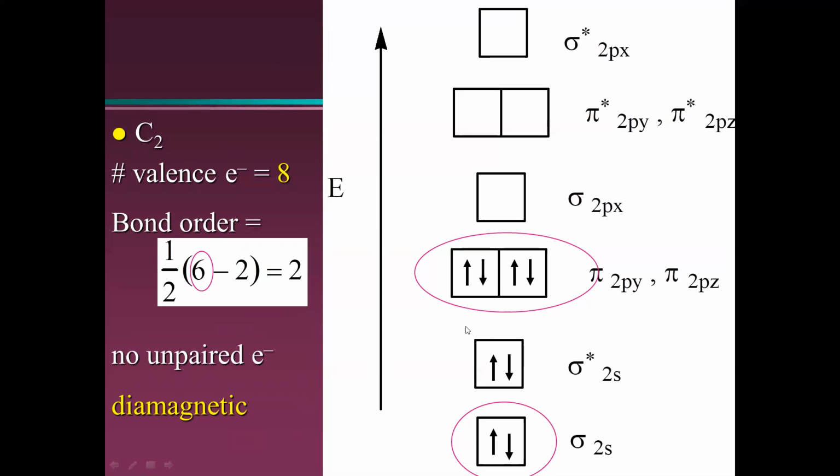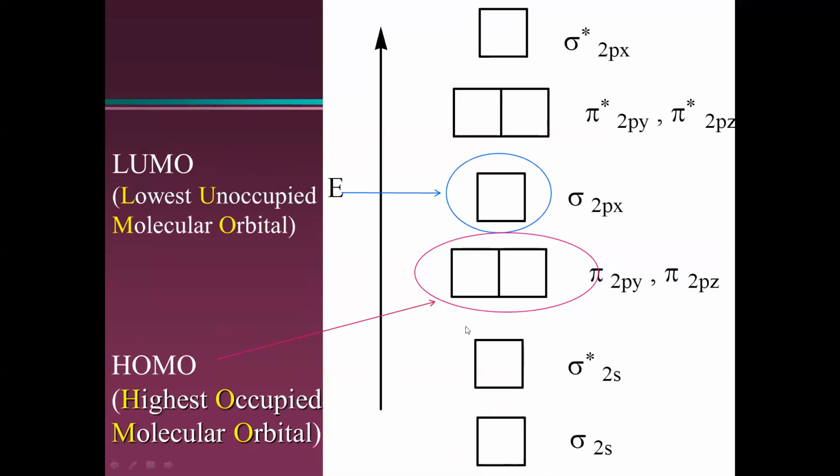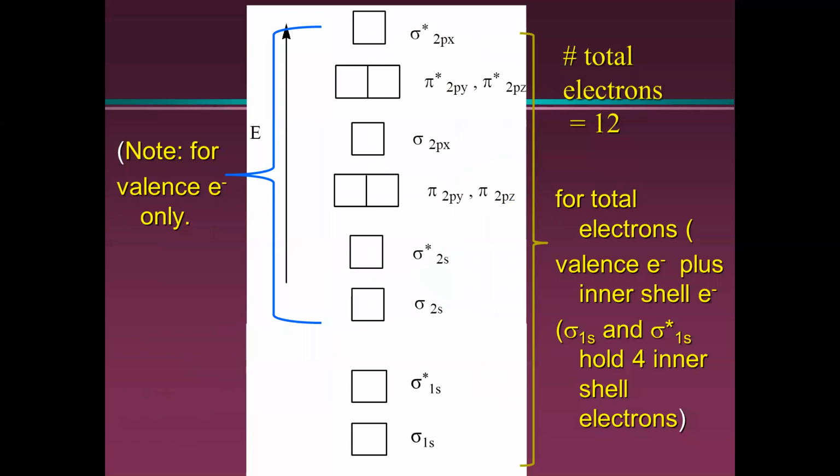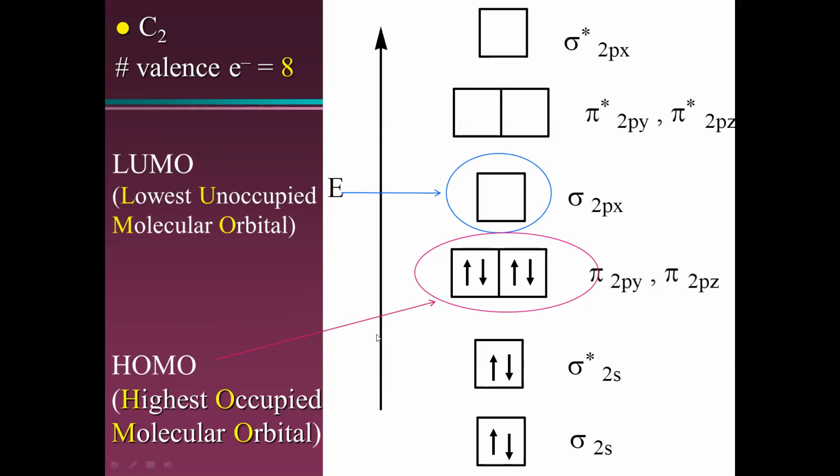Then let's take a look at what HOMO and LUMO are in this case. According to the definition, let's focus on HOMO first: the highest occupied molecular orbital. So which orbitals are occupied?